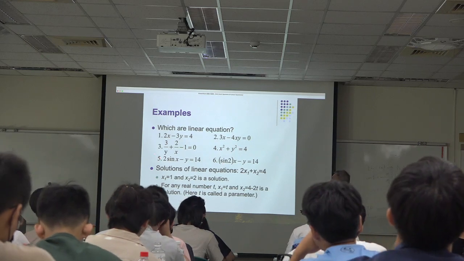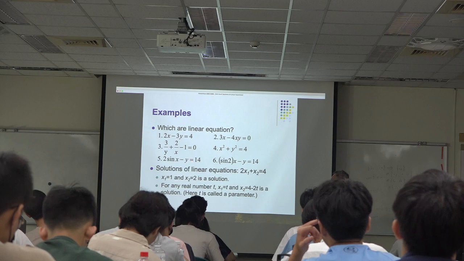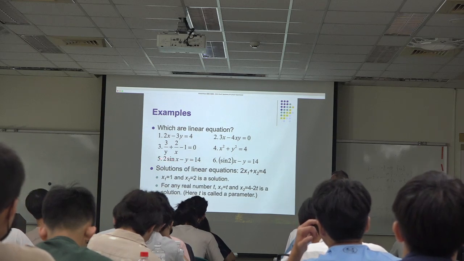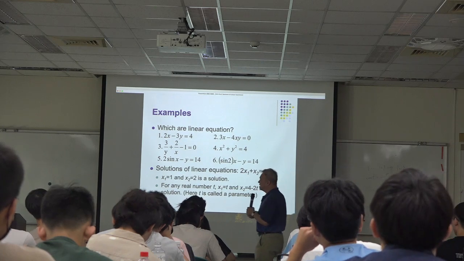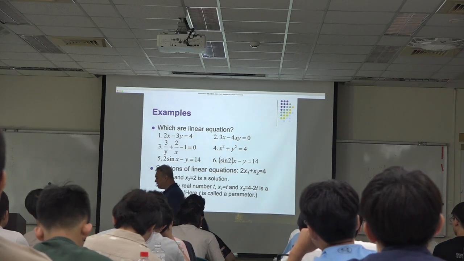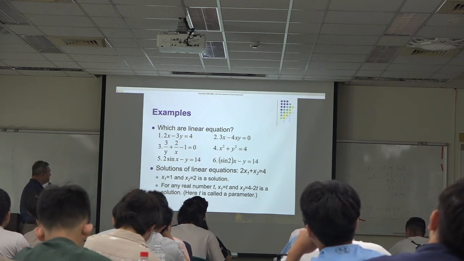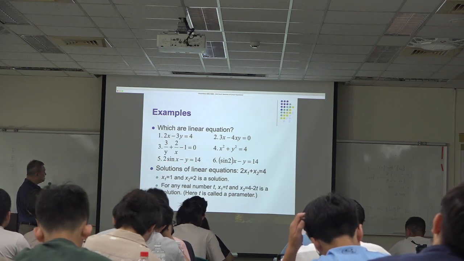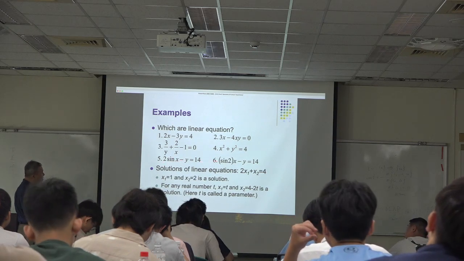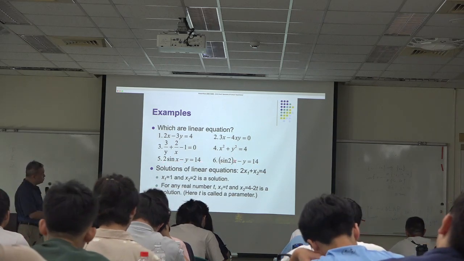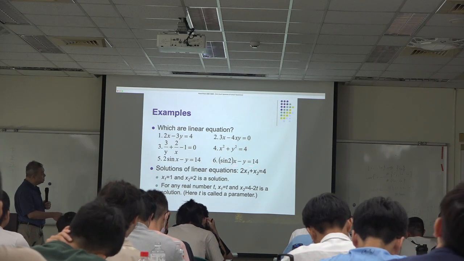For the fifth one, 2 sine x minus y equal to 14, this is actually a very complicated function, because we are trying to get the sine of x. So this is obviously not linear. However, the sixth one, sine 2 times x minus y equal to 14, is a linear equation.